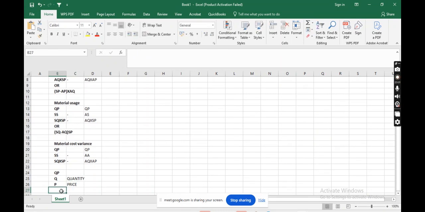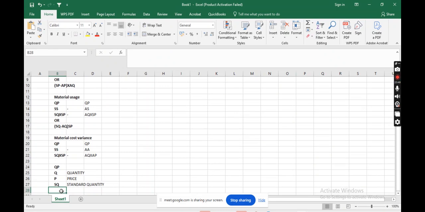SQ is standard quantity, AQ is actual quantity.